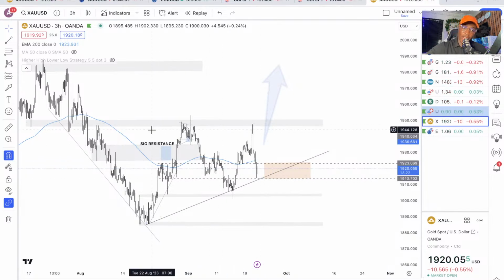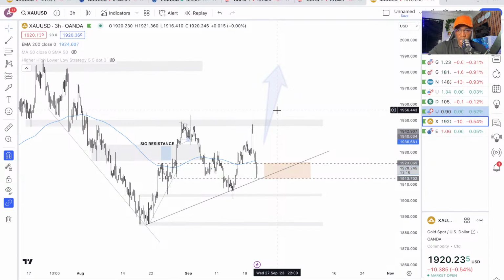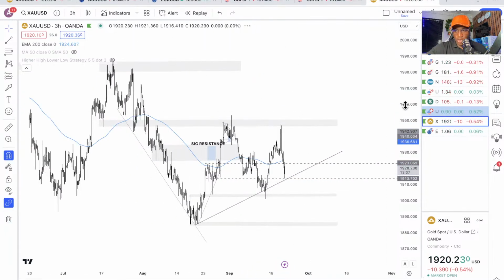And we also have strong resistance up here as well, which we want gold to break to trade gold to the upside. So that's what you'll be looking out for on gold.